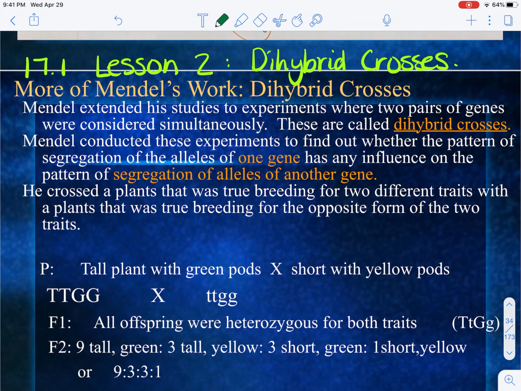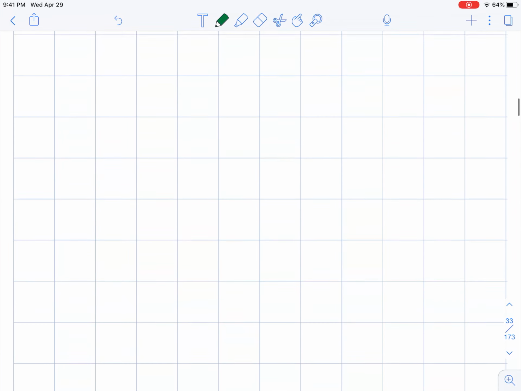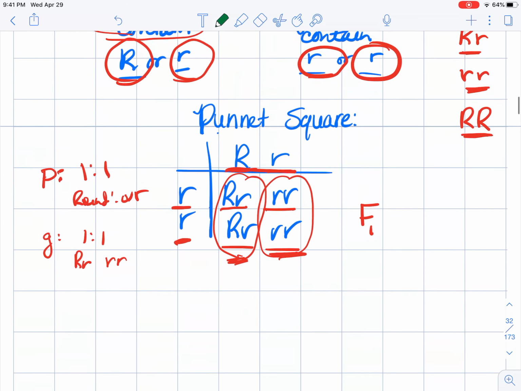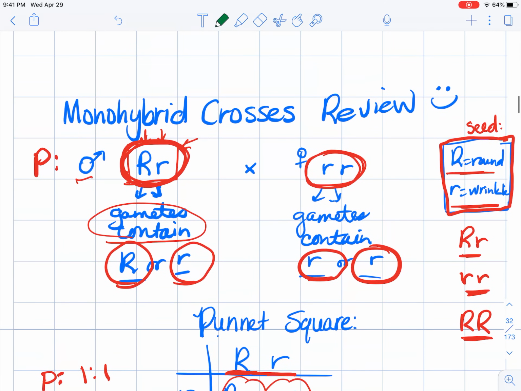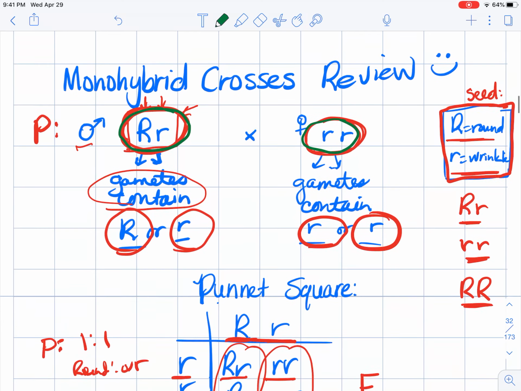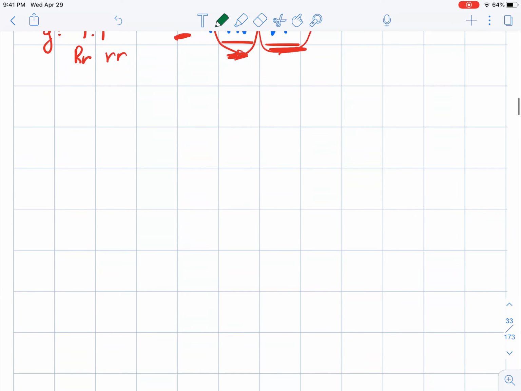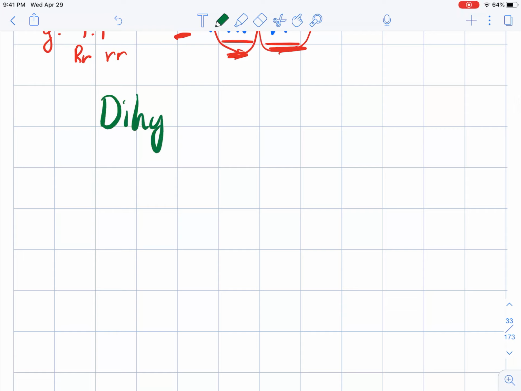Okay. So what we're going to do today is take a look at dihybrid crosses. And what that means is, let me just take a quick look over here to explain it to you, compared to monohybrid, where you're just looking at one of the traits at one time.